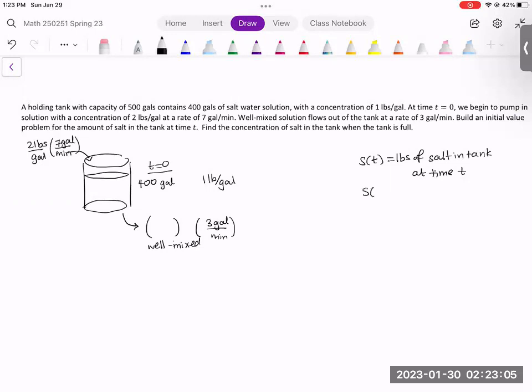We know that S at 0 is equal to 400 gallons times 1 pound per gallon, or we start with 400 pounds of salt in our tank. Okay, our principle that we're using is that our rate of change of the pounds of salt, so pounds per minute, is given as the rate in pounds per minute minus the rate out.